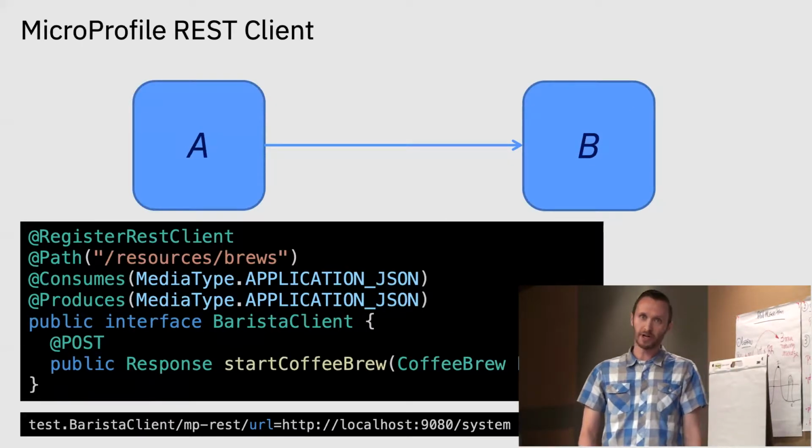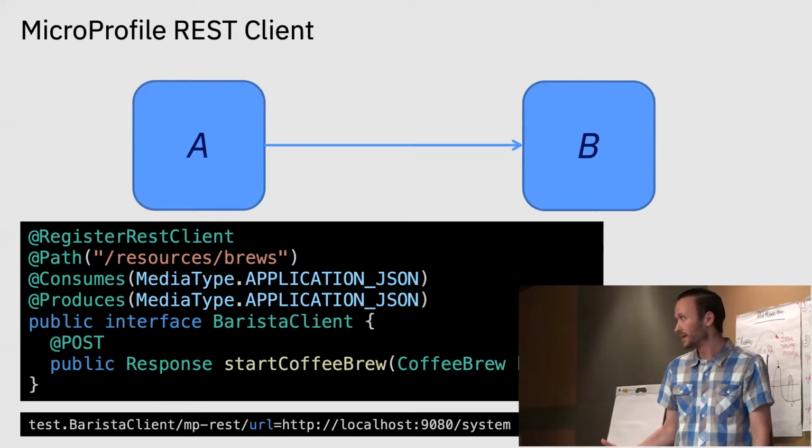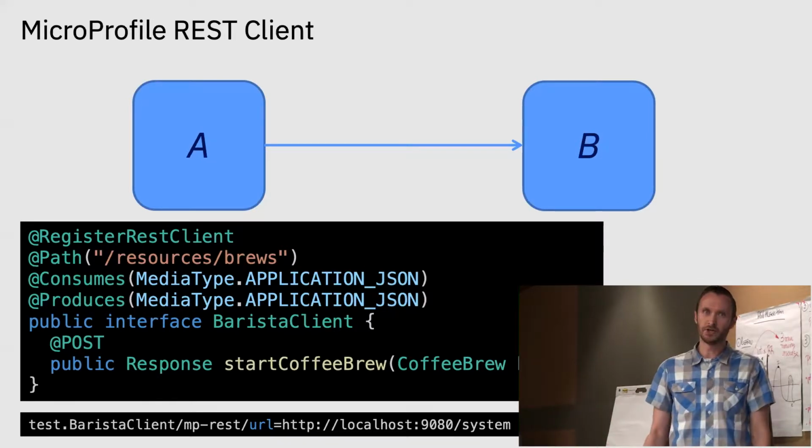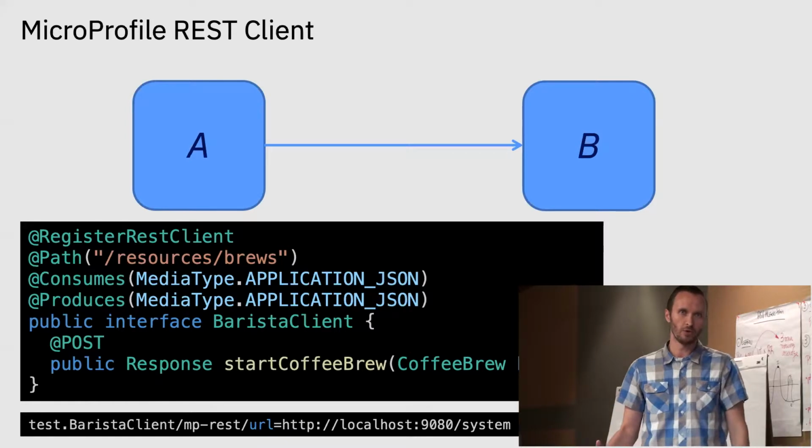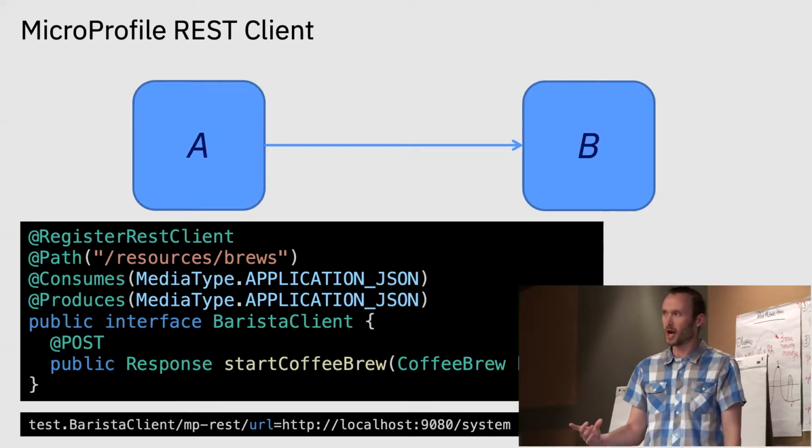Now, for the client, of course, you can use any REST client. In Java, you could simply use the JAX-RS client. That's done by many. But MicroProfile introduced what's called the REST client, which is a way to create a more type-safe way for clients and servers to interact.